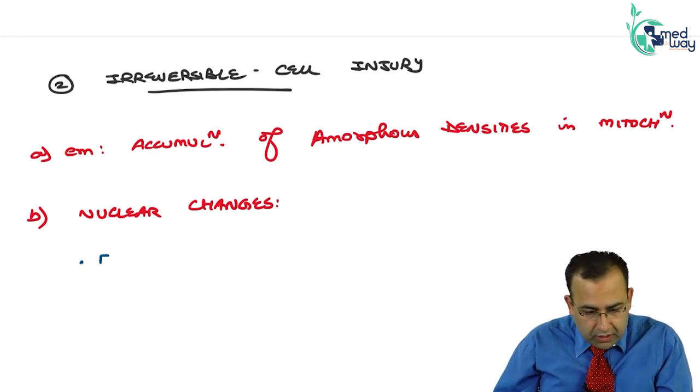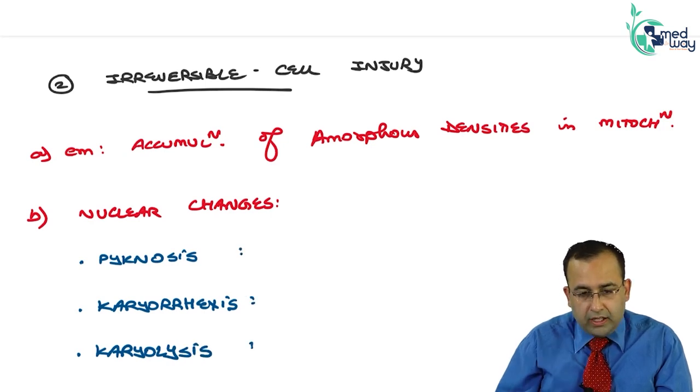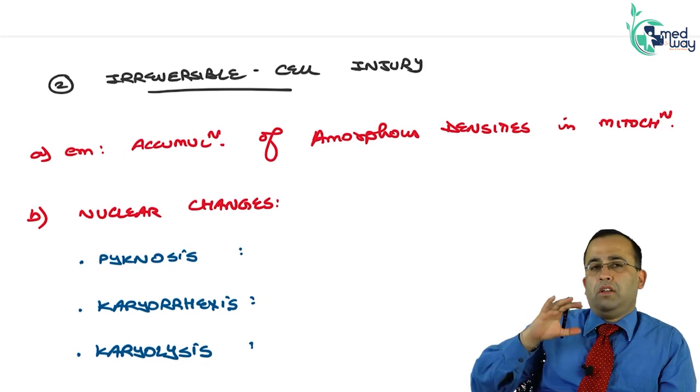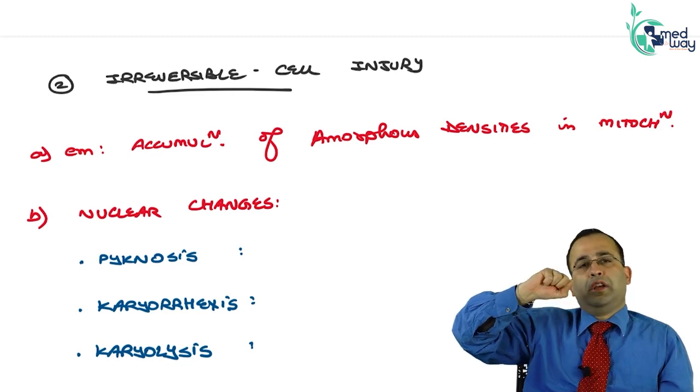That is pycnosis, karyorrhexis, and karyolysis. What does this mean? Pycnosis मतलब chromatin condense हो गया है.